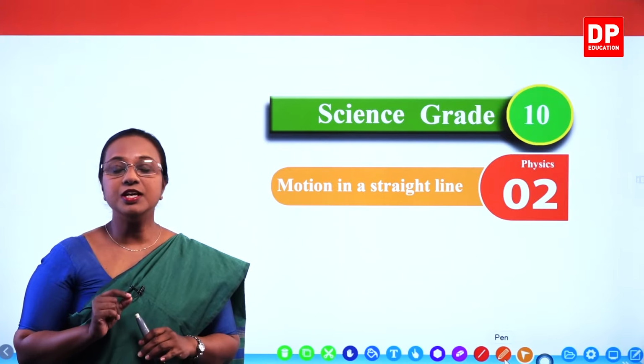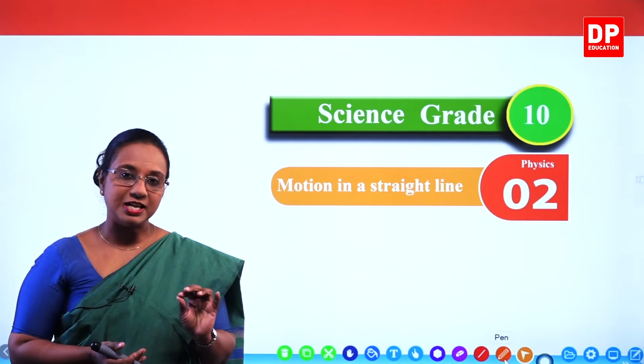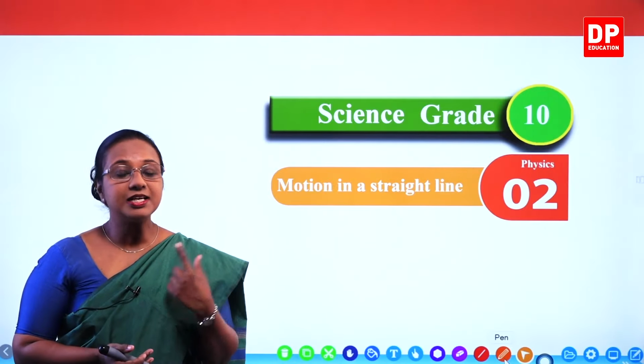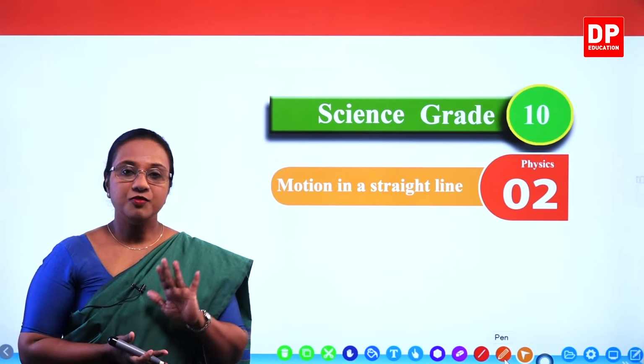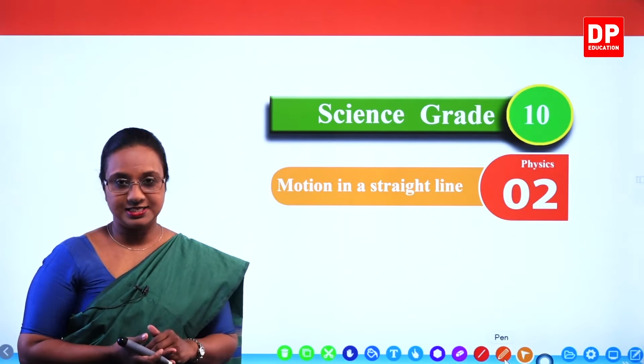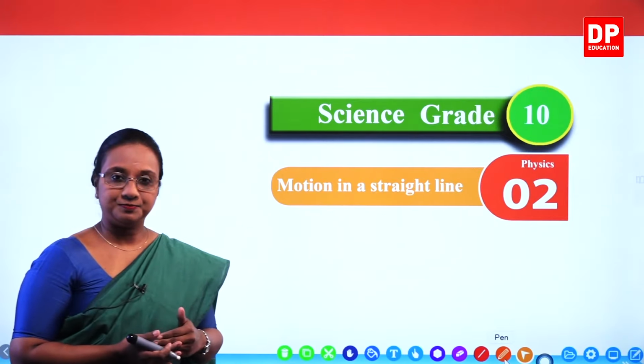So here we use the term around. So there you can imagine that it has a motion related to a circular path. We are not going to worry about those types of motion under this lesson. We are going to discuss straight line.